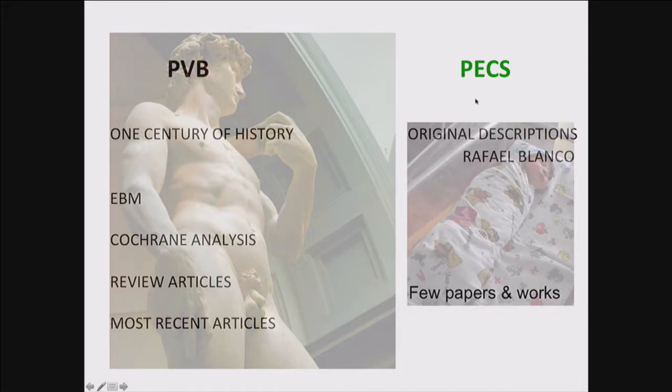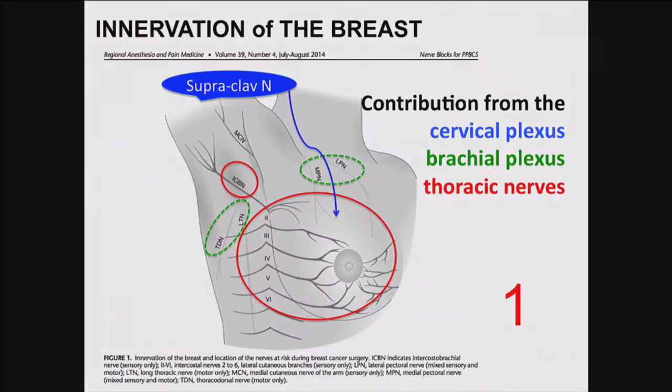On the other hand, the PEC block has only been described a few years ago by Rafa, and very few papers, and this is still surprising to me, have yet been published. But I'm personally convinced that it will spread very rapidly.